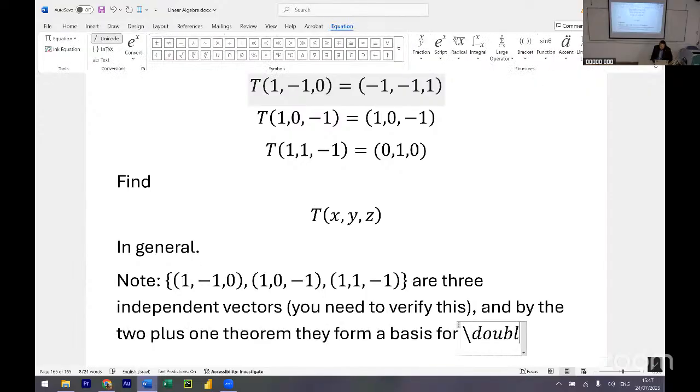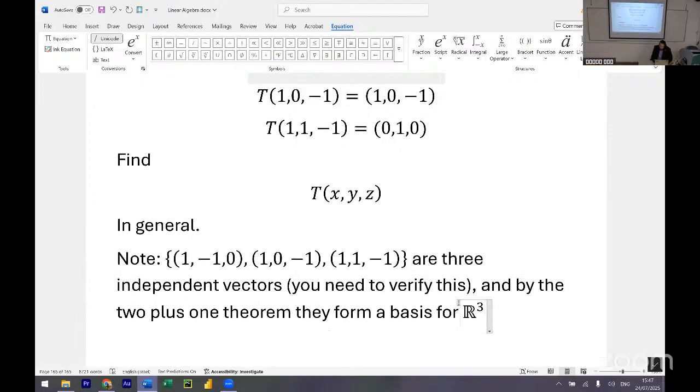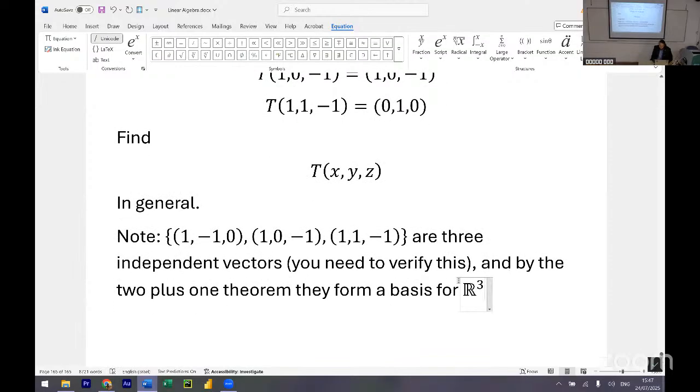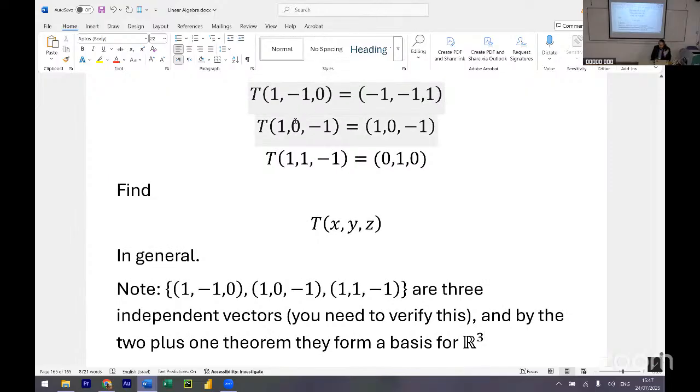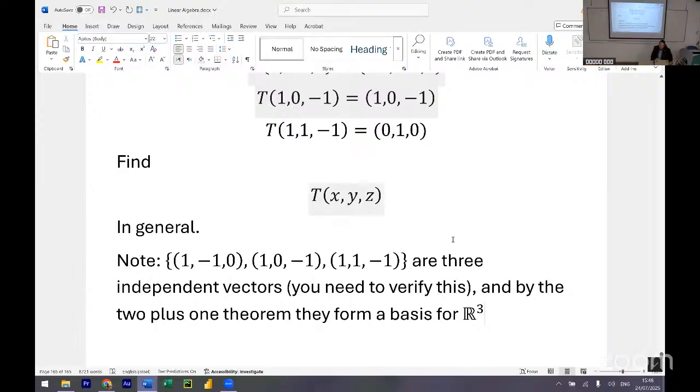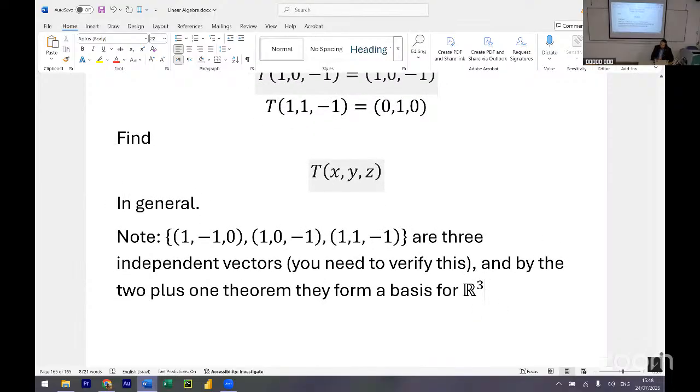Actually, we will do this verification anyway in a second, because while trying to find the coordinates, we will show that there is always a solution. That's why it's a basis. So we will do Gauss elimination in 2 seconds. Okay, let's do it.